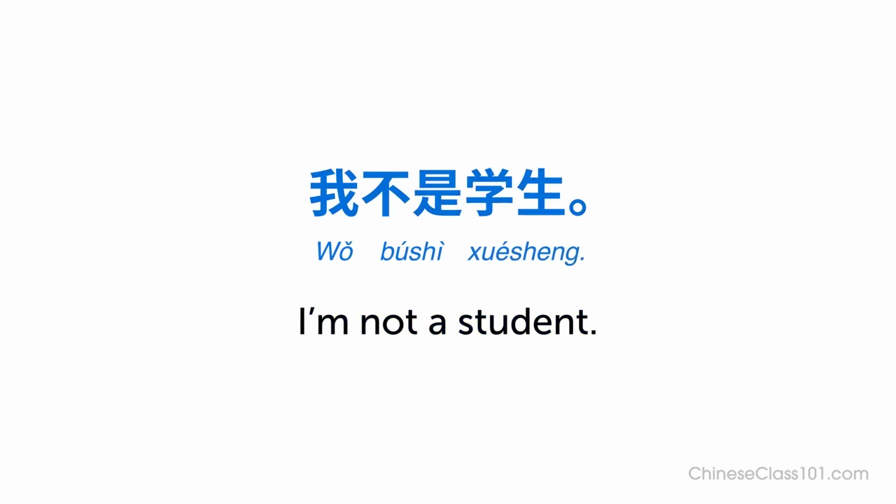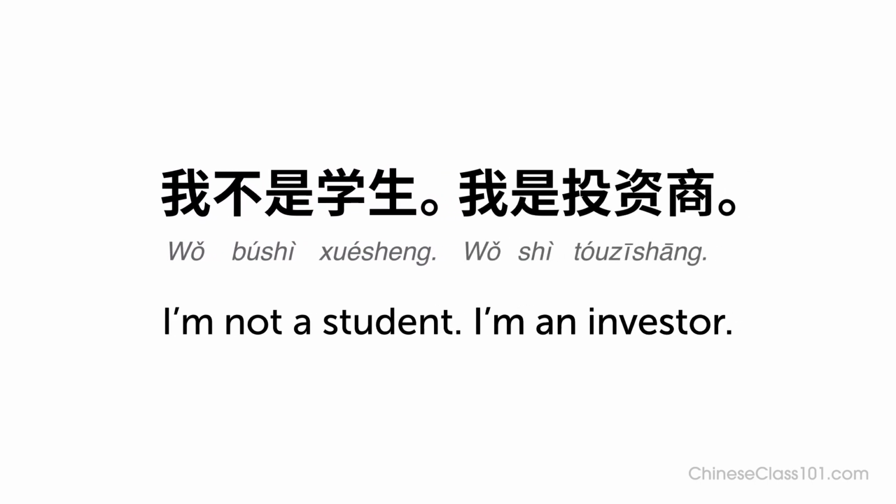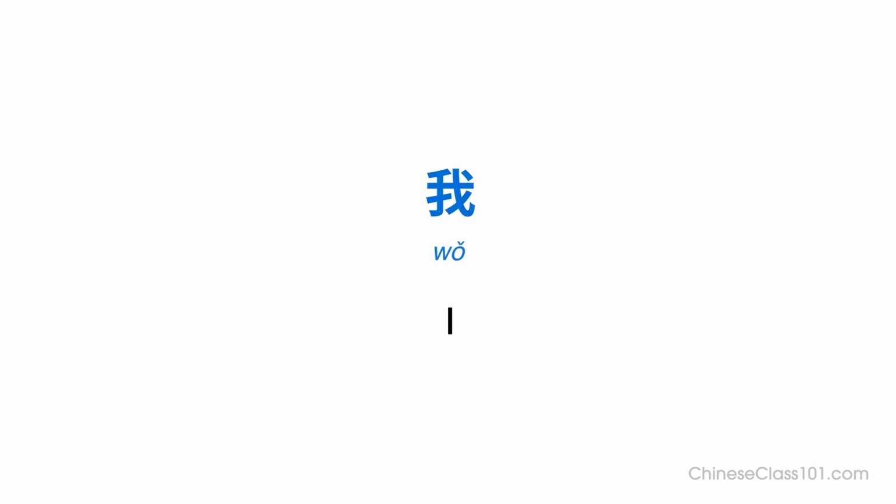Finally, Zheng says, 我是投资商, I'm an investor. First is 我, I. Next is 是, here, am, as in I am.